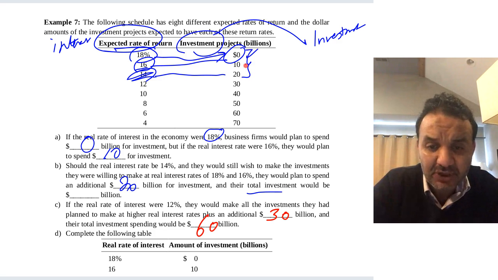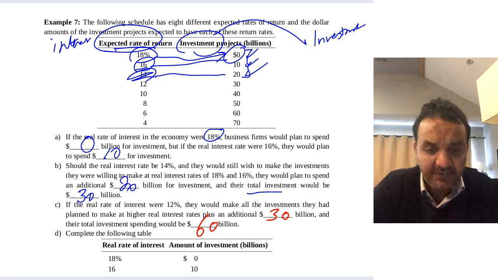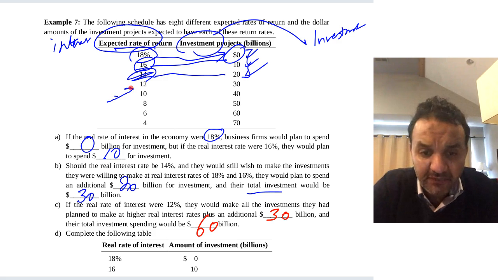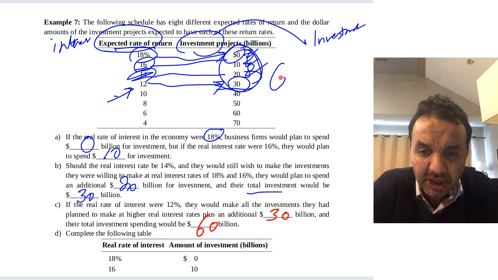So you add 0 plus 10 plus 20, which equals 30. Let's have another example. If the real interest rate equals 12, they would make all the investment they had planned at a higher interest rate plus an additional 30, and their total investment spending would be 60. So 0 plus 10 plus 20 plus 30 gives you 60.